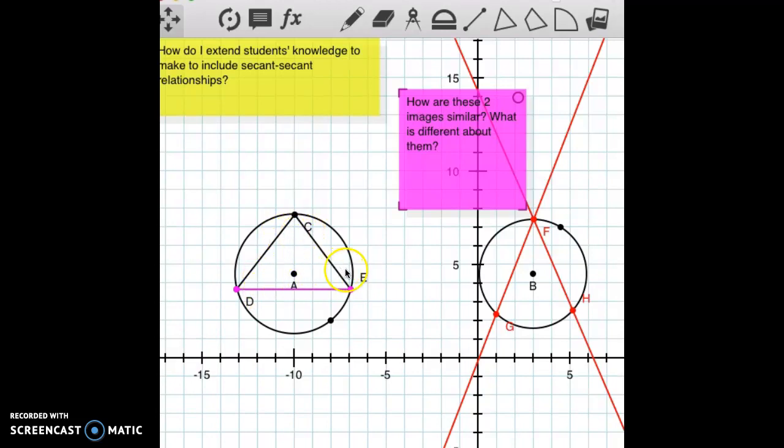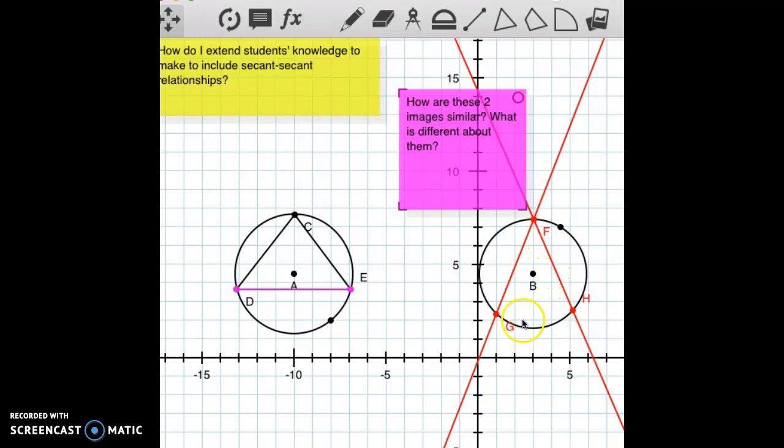And so if I could make triangles inside here to find what angle C is and what angle D is and what angle E is, similarly, I would think that I should be able to do the same thing. So if I wanted to find what the angle of F is, it should be very similar to how I found out what angle C is, just looking at the similarities.